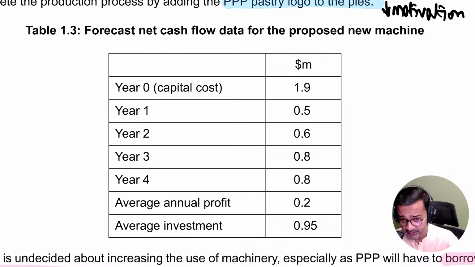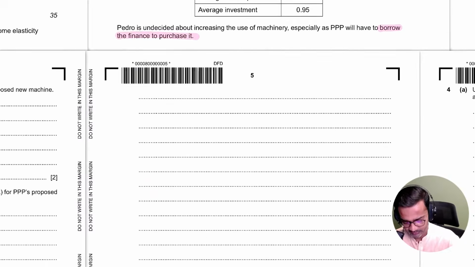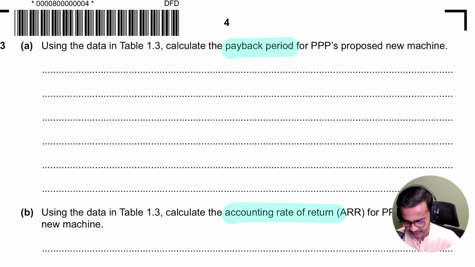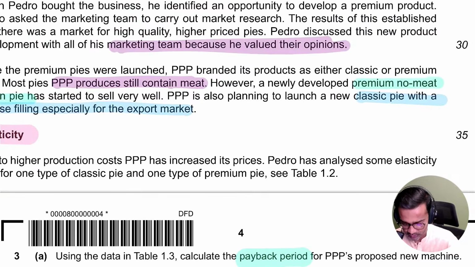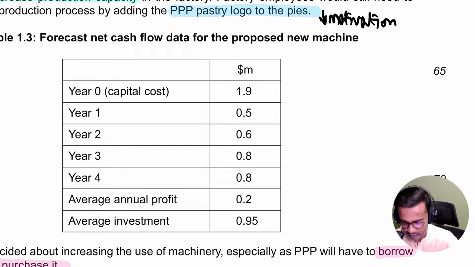Table 1.3 is where we need to look, and this is where the question, let me just show you the question. This is the question: using the data in table 1.3, calculate payback period for PPP's proposed new machine. Okay, now the way to calculate payback period, you'll obviously do this in your answer sheets.